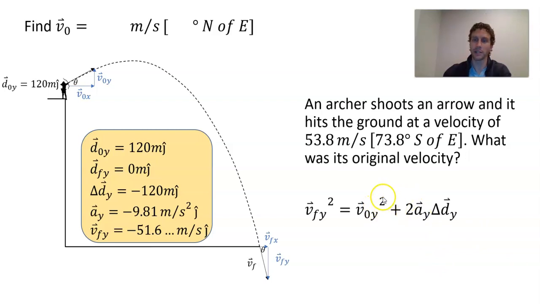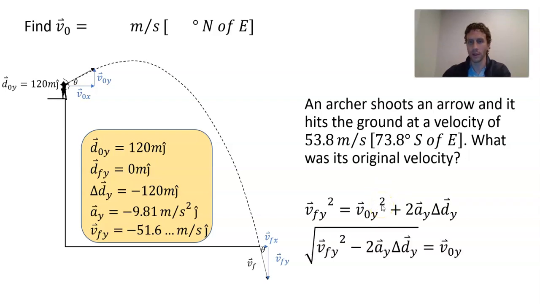And then to get rid of the exponent, the square, we can take the square root. So it's V final squared minus 2a delta D. That would give me V initial squared, but I take the square root of both sides and I'm left with that. So I did that all in one step. If that's complicated, try it on your own in a couple steps.